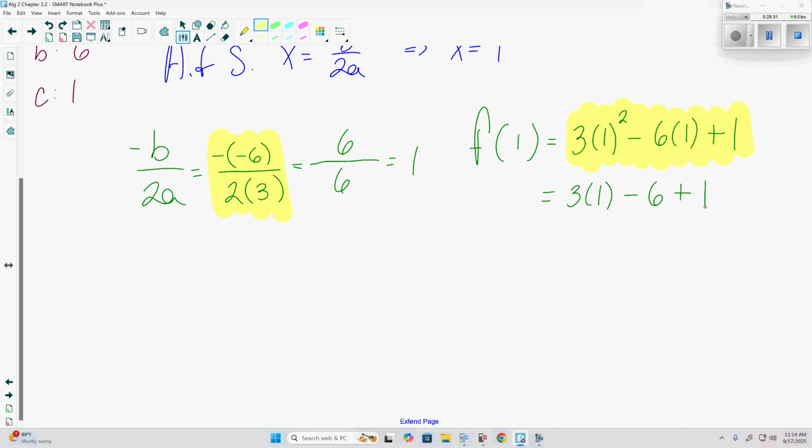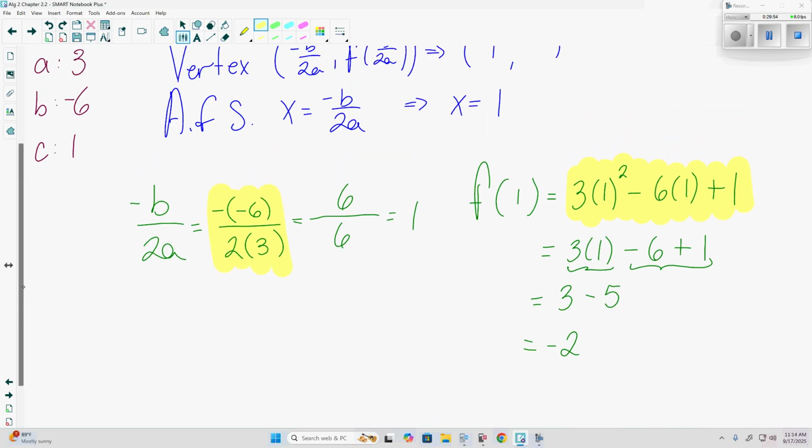Or we can do it by hand, because 1 squared, 1 times 1 is 1. So we have 3 times 1. Negative 6 times 1 is negative 6. We still have our plus 1. 3 times 1 is 3. Negative 6 plus 1 is negative 5. And 3 minus 5 is negative 2. We got the same value.